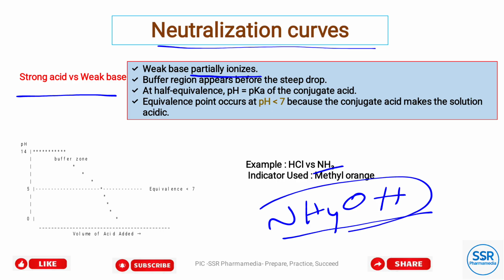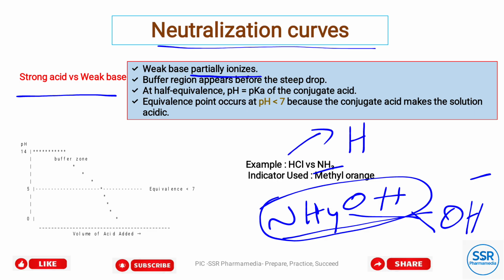When we dissolve this weak base in water, the OH minus ion will not completely dissociate and come out easily. Only partially it comes out. That's why this is called a weak base. Strong acids, as I told, easily donate the hydrogen ion immediately when dissolved in water.